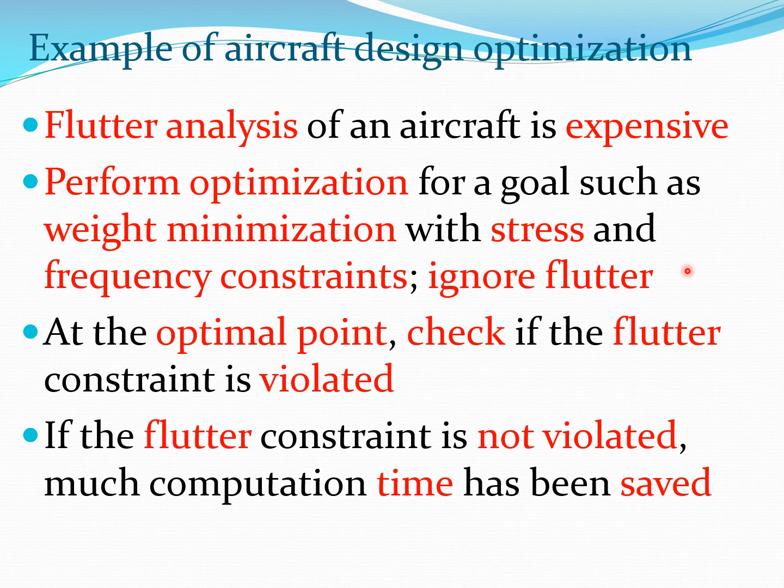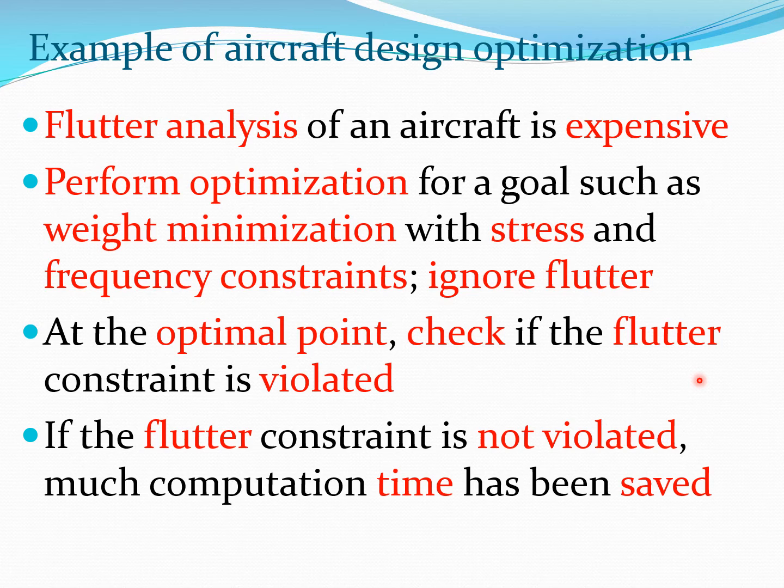So one of the things you could do is that you could perform the optimization problem for weight minimization with stress and frequency constraints, and you can leave out the flutter constraint for now. Now, when you get to the particular optimal point for this truncated constraint set, check if the flutter constraint is actually violated at this point.